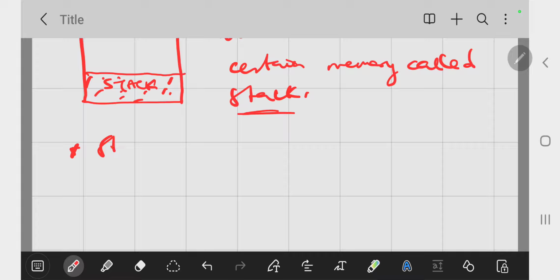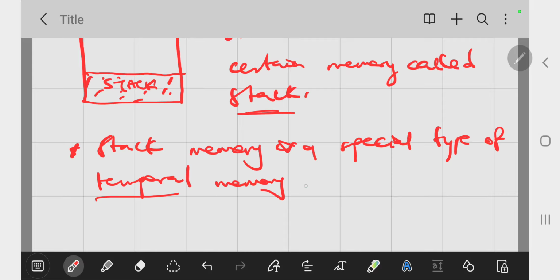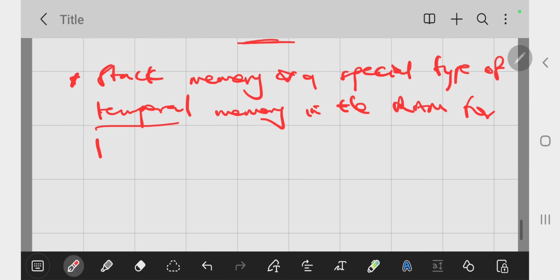So we can say stack memory is a special type of temporal, remember, temporal memory in the RAM for data storage during program execution.